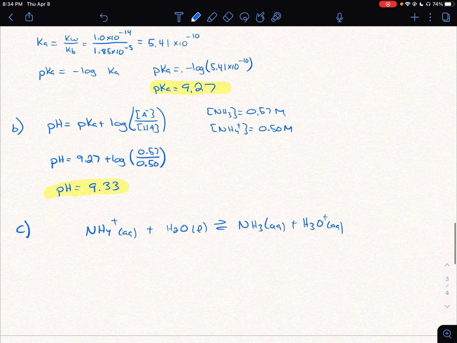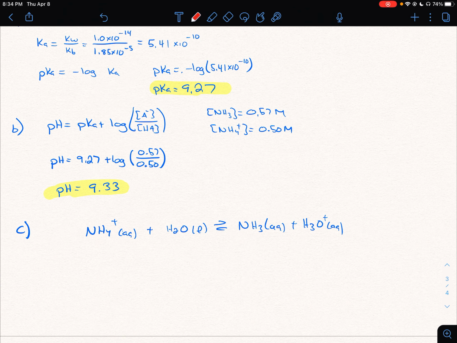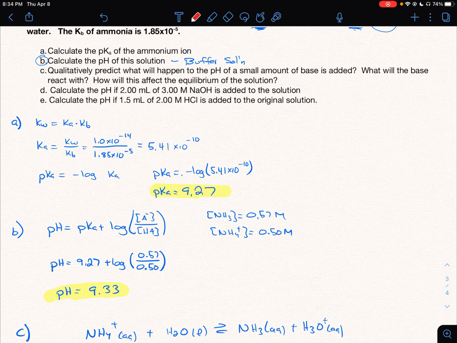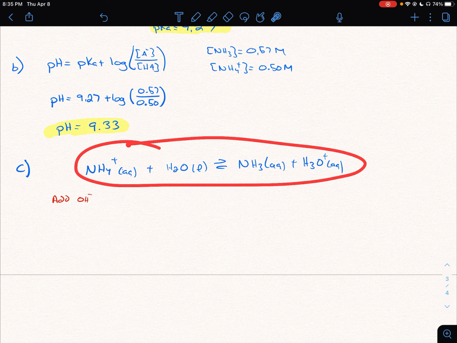Okay, and so if we can come back up to the question, and the question is asking if a small amount of base is added. So if we add OH minus, we're adding that to this whole system.